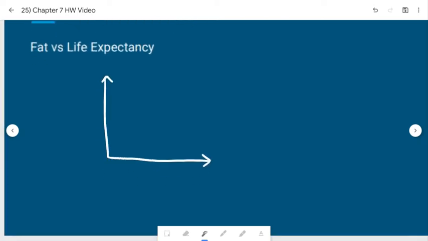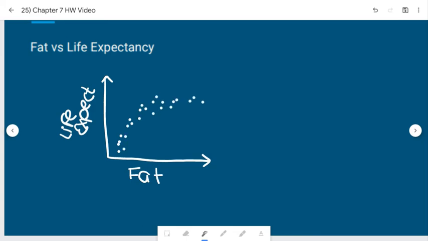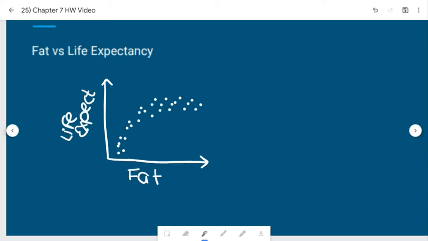Because it was talking about the fat consumed, that was my explanatory variable. The response variable was life expectancy. But that data didn't really follow a straight line. That data actually follows a curve pattern, something like this, roughly.